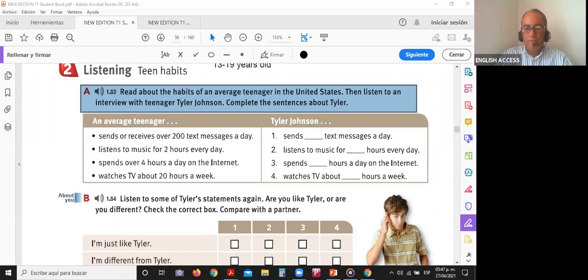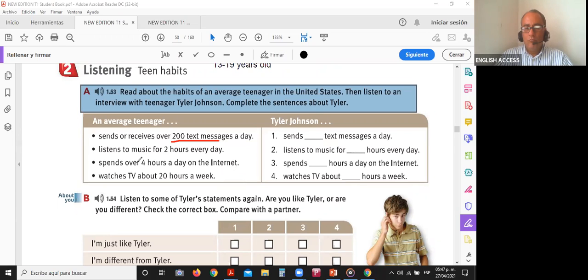An average teenager sends or receives over 200 text messages a day. That's amazing. 200? Yeah, well, I only send about 50 messages a day. Yeah, but how many do you receive? Well, probably about 50. Oh, okay. So I send and receive about 100 text messages a day.